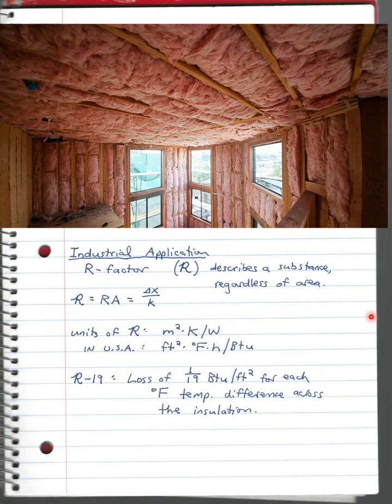In the United States, it's feet squared, degrees Fahrenheit, hours over BTUs. Now, I'll just let you know ahead of time, there will not be homework or test problems in this class related to this, but I'm just showing you how R factor works. So some insulating material might have R19. And what R19 means is that there's a loss of 1/19 of a BTU per square foot for each degree Fahrenheit temperature difference across the insulation.